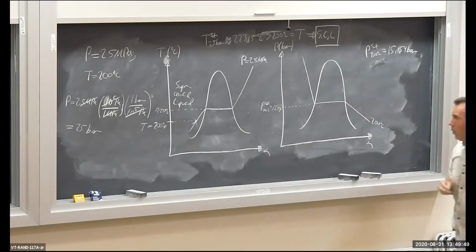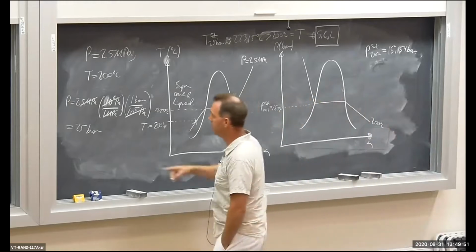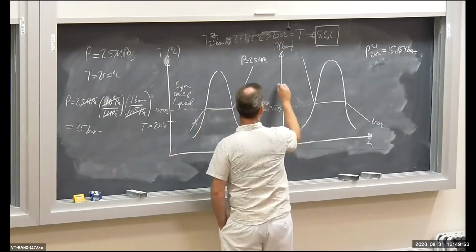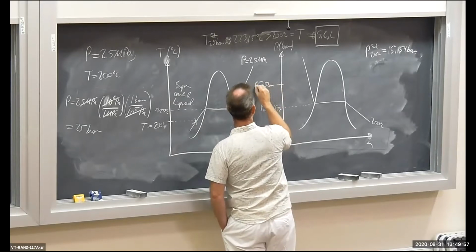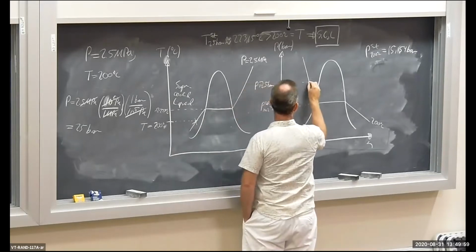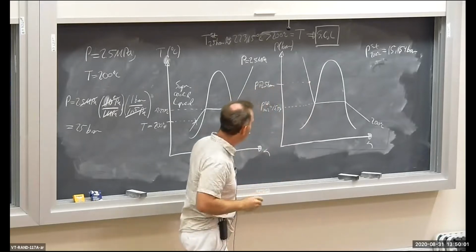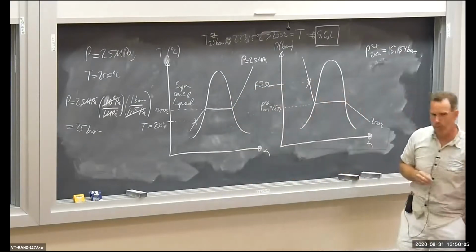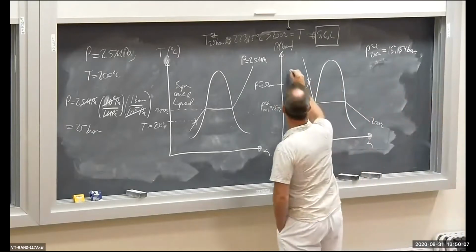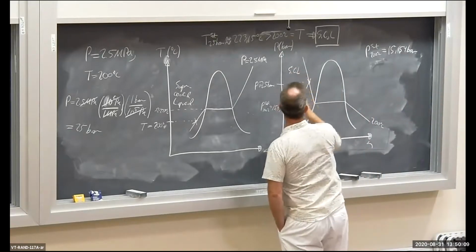Now we are at 25 bar. That's my pressure. The intersection between our isotherm and our isobar puts us in the supercooled liquid region, SCL.